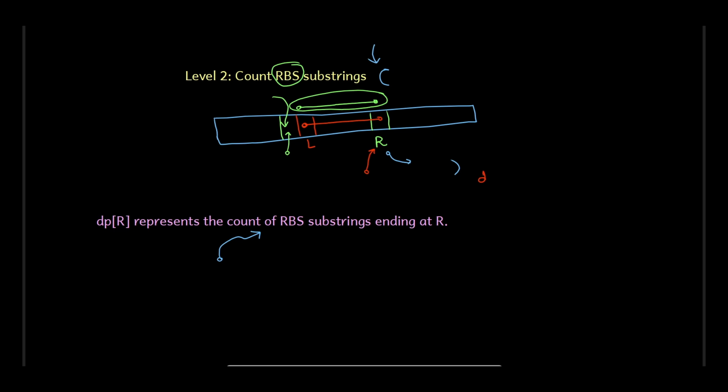So this time DP of R is equal to 1. So this 1 means you decide to keep this closure separately, that is a fresh substring, or you decide to merge this closure with your left neighbor, and your final answer is summation of DP of R.